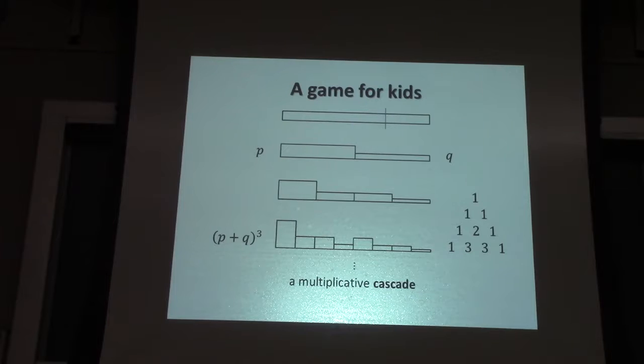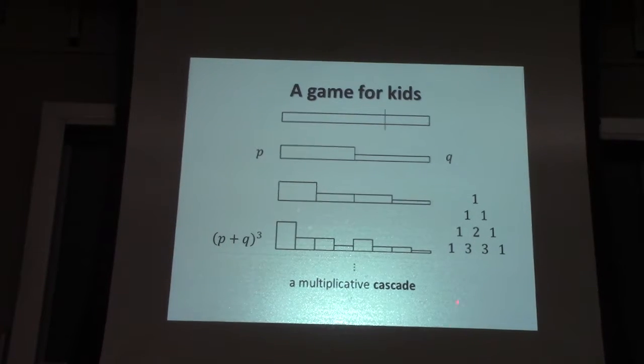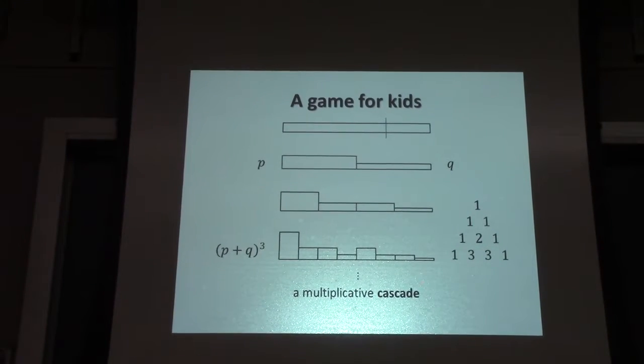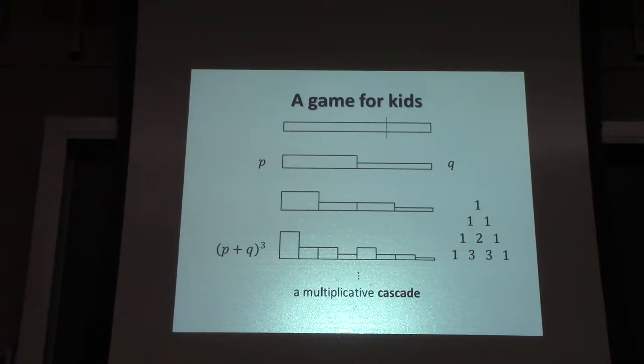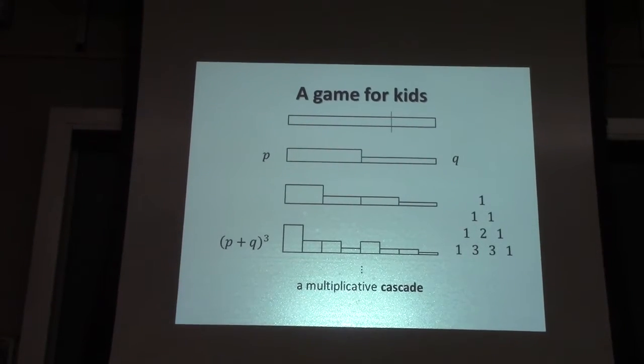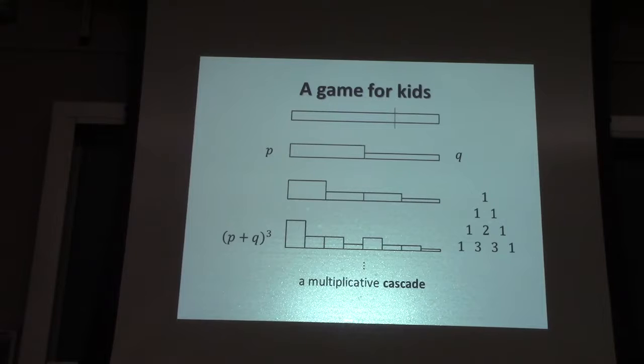Remember Pascal's triangle? By the way, this was not discovered by Pascal. It was discovered by Chinese people way before Pascal. But, you know, Pascal was at the right place at the right time, and he got the credit for this. So these numbers that appear here are basically counting how many rectangles there are of different heights. Okay? So let me repeat.